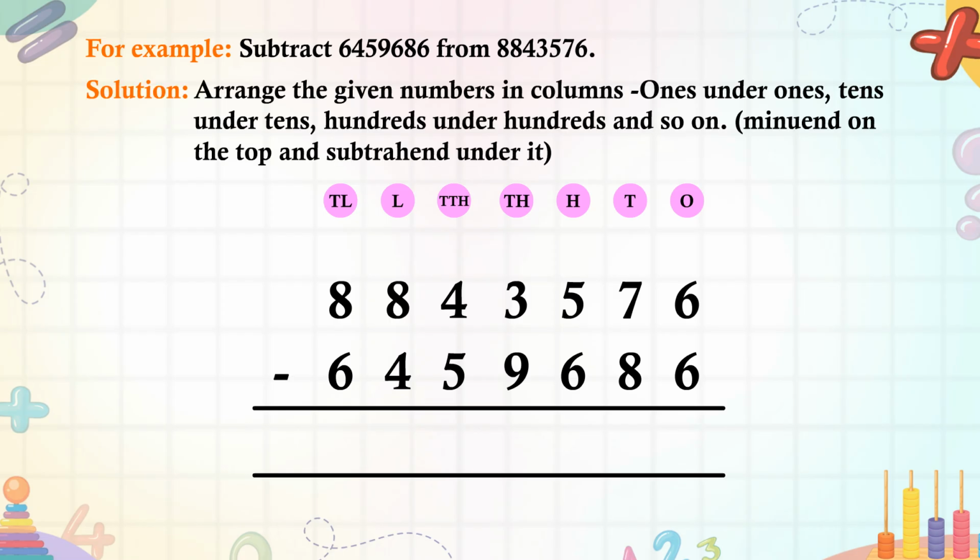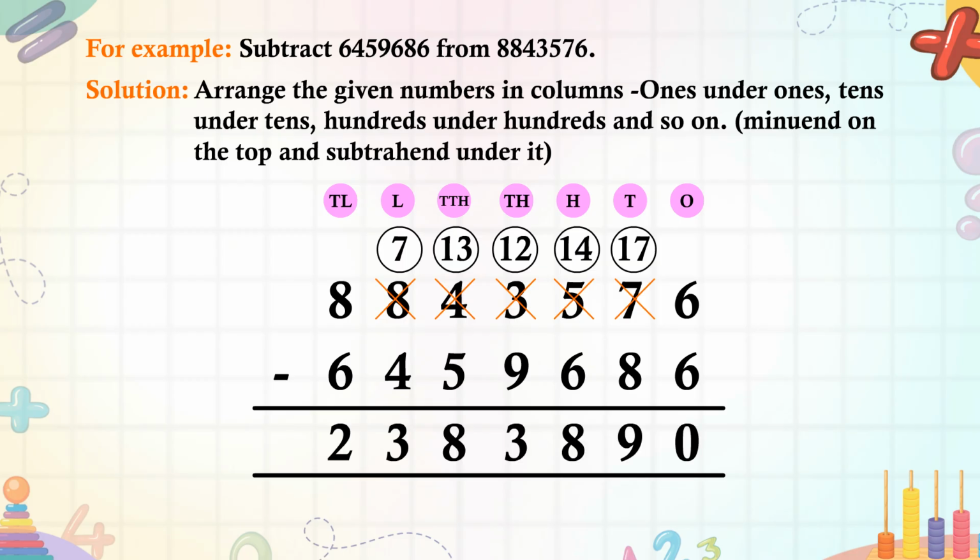Arrange the given numbers in columns, ones under ones, tens under tens, hundreds under hundreds, and so on. Minuend on the top and subtrahend under it. Beginning with the ones, we go on subtracting column-wise, borrowing, if necessary, from the next column to the left. Hence, the required difference is 23,83,890.